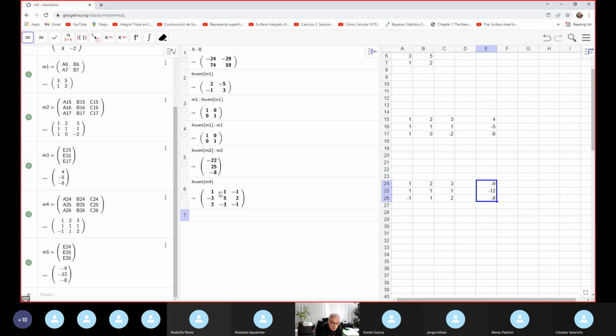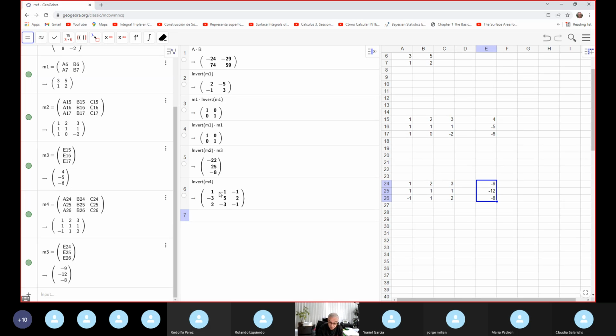I want to copy on the piece of paper: 1, negative 1, negative 1, negative 3, 5, 2, 2, negative 3, negative 1. Okay, this is the inverse of M4. I want to copy it to the whiteboard after.